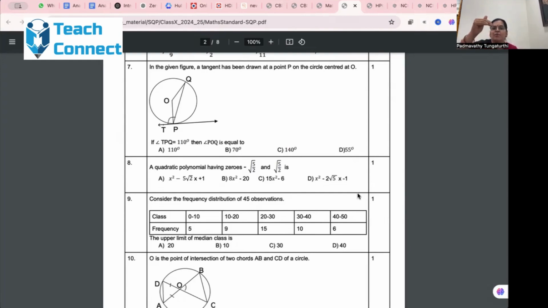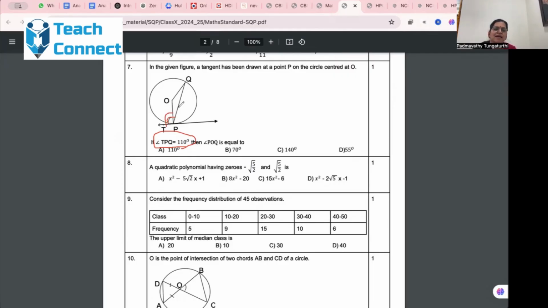Apply and evaluate. It is a higher order thinking skill question. If angle TPQ is equal to 110 degrees, here we know that this angle is equal to 90 degrees.